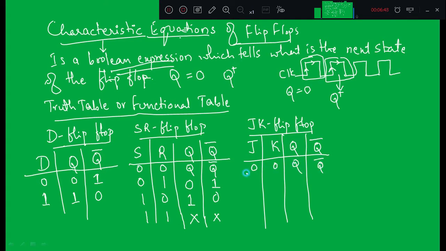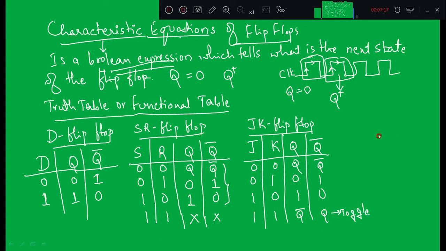For the first 3 combinations, the SR table remains the same, even for JK: 0 1, 0 1, 1 0, 1 0. Only for the last state, only for J equal to K equal to 1, we get a toggle state. So what I can write is Q bar and Q. This state is called a toggle state.